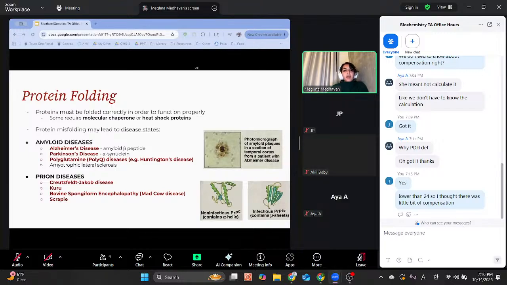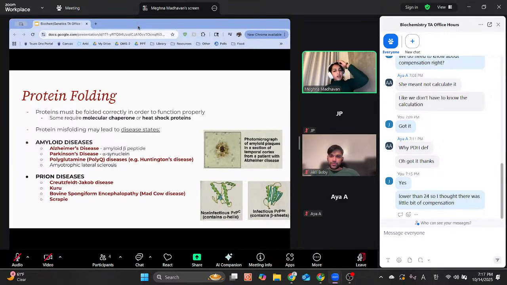So first we're going to talk about protein folding. There was a whole section in the chapter about Alzheimer's and all these disease states, basically the misfolded proteins. Normally folded proteins require sometimes a molecular chaperone protein or a heat shock protein. And if it's misfolded, then you've got amyloid diseases or prion diseases.